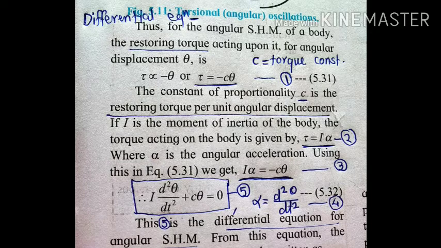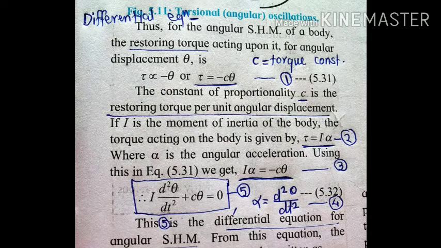We know linear velocity v is equal to dx upon dt. Similarly, angular velocity omega is equal to d theta by dt. Also, linear acceleration a is equal to dv by dt, and angular acceleration alpha is equal to d omega by dt, where angular velocity is denoted by letter omega.